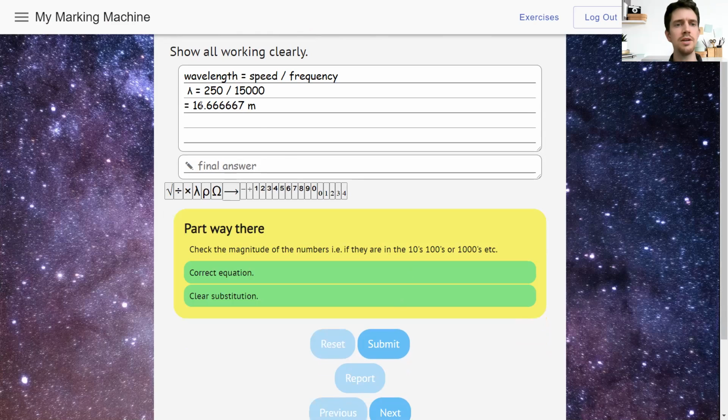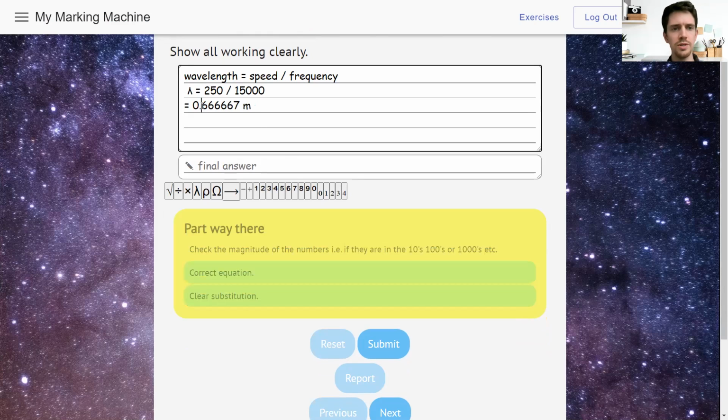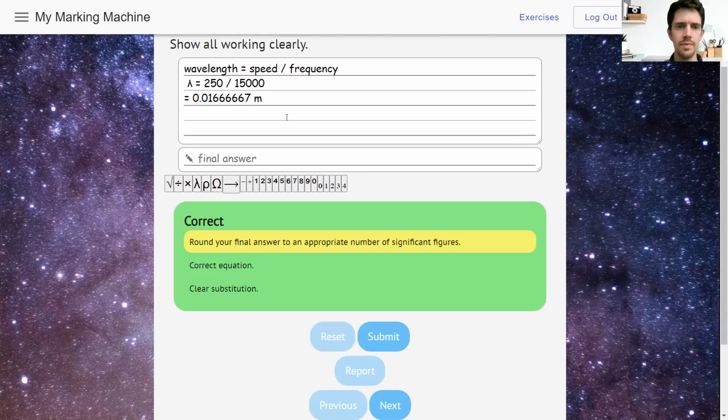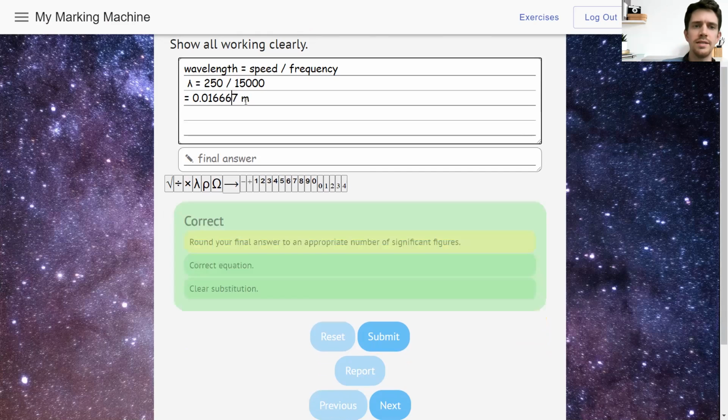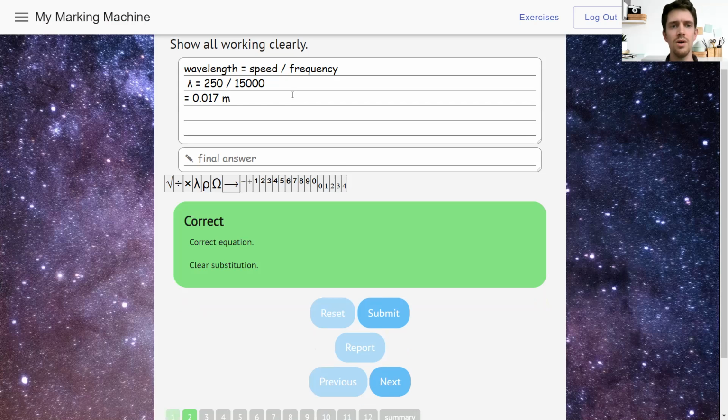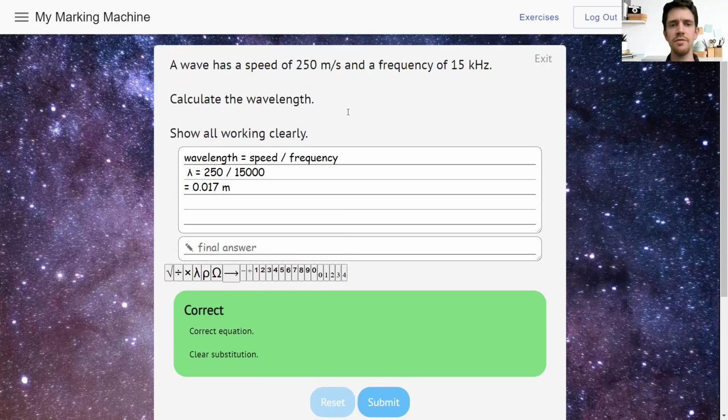And then obviously I didn't correct this, and it's telling me to fix this order of magnitude. I think that is now correct. And I need to get the right number of significant figures. It said it's correct here because you would get the marks in most physics GCSE exams for that, but it's still giving some hints as to how to improve. All right, so now we have a completely correct answer.